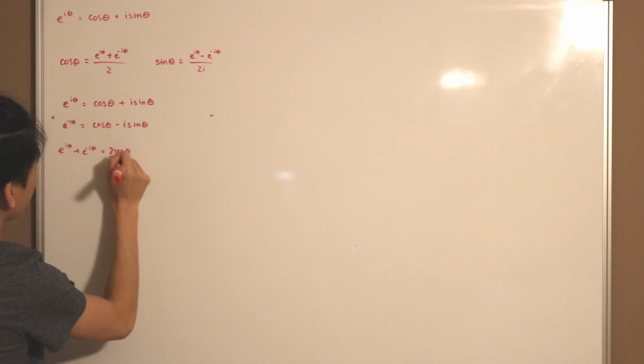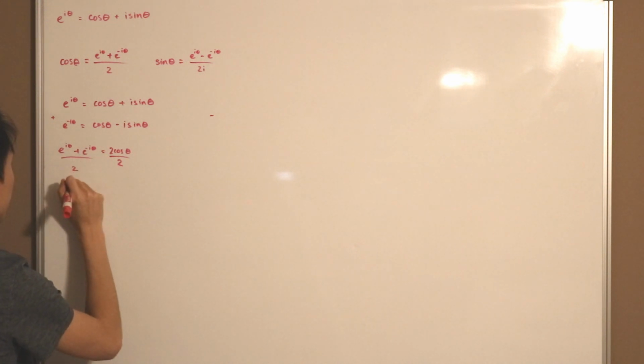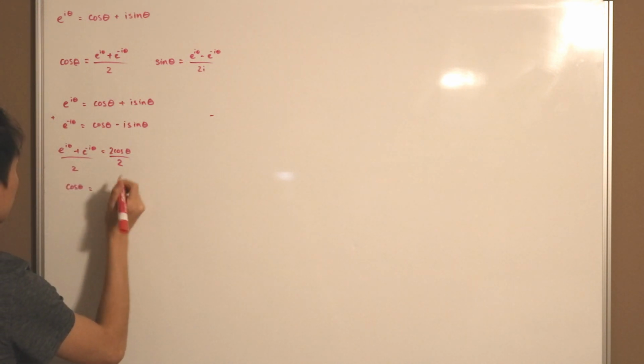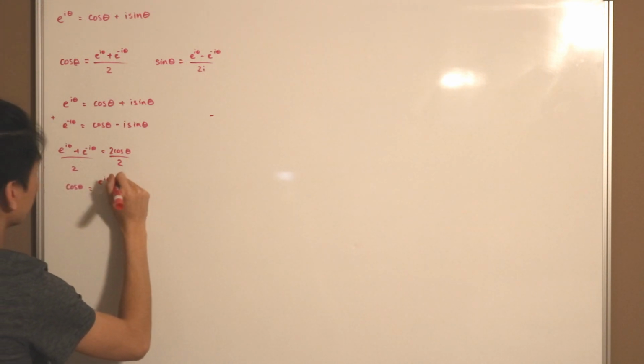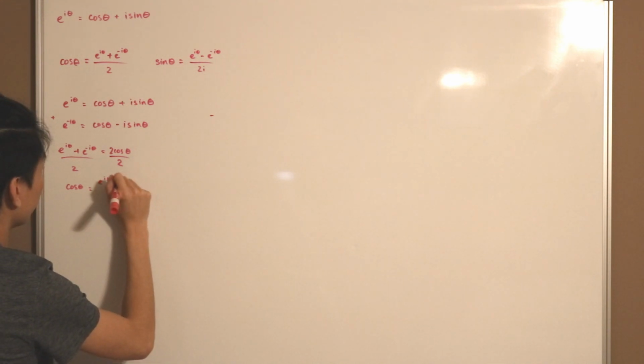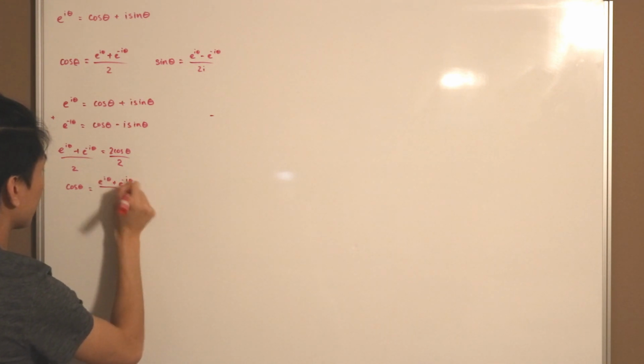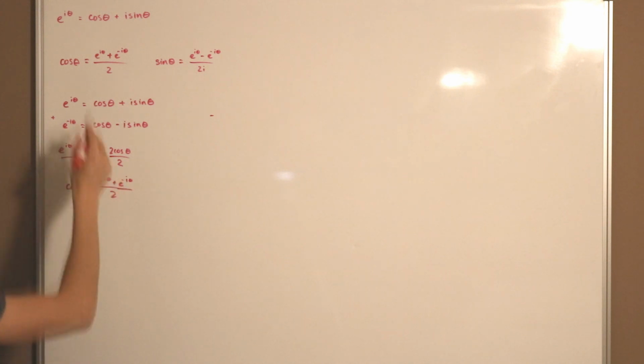Now we just divide by 2 on both sides, and then we actually get cosine theta equals the equation that we want, just like before, e to the i theta plus e to the negative i theta divided by 2, like so up here.